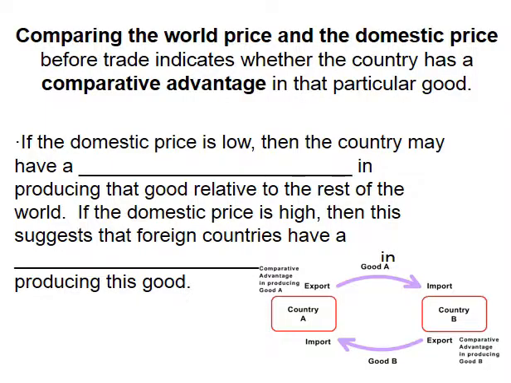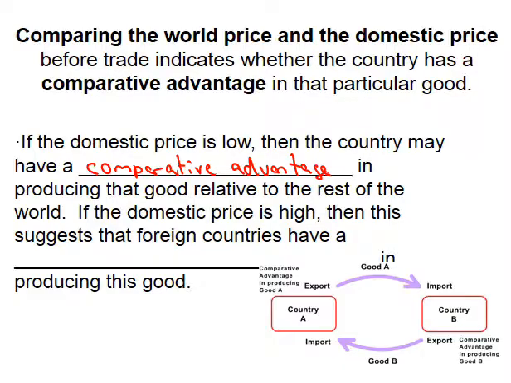Comparing the world price and the domestic price before trade indicates whether the country has a comparative advantage in that particular good. If the domestic price is low, then the country may have a comparative advantage in producing that good relative to the rest of the world.